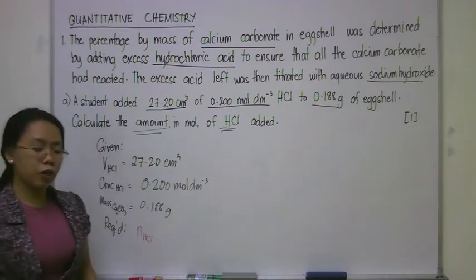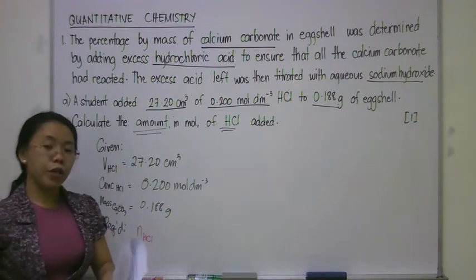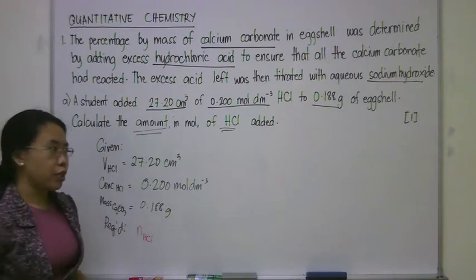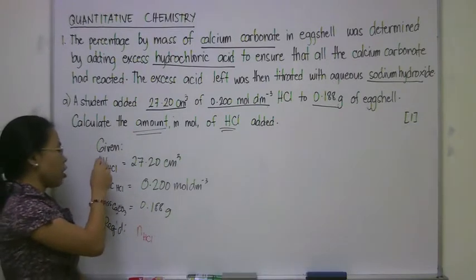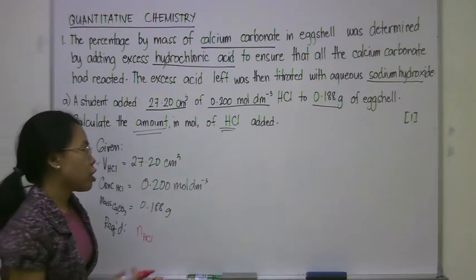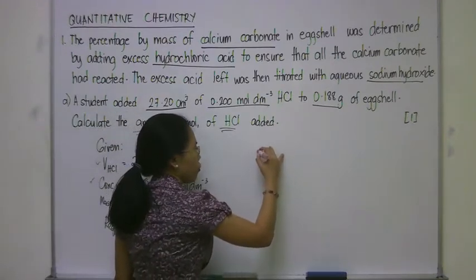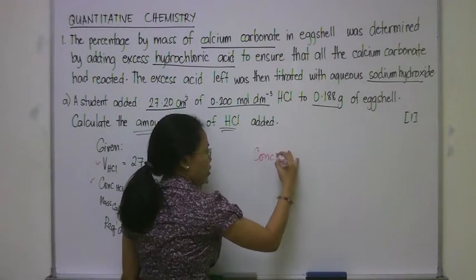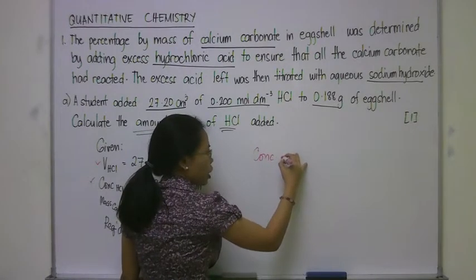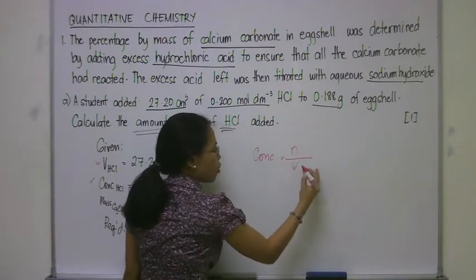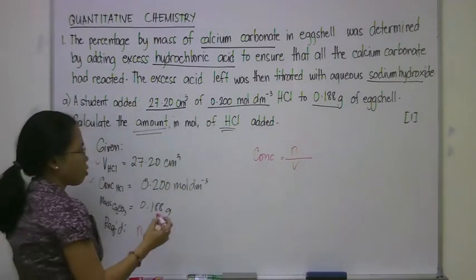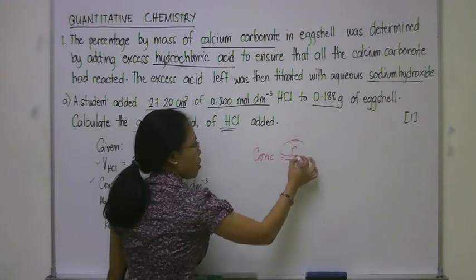Now, what formula are you going to use to solve for the amount of HCl? Basically, you have the concentration and you have the volume. You can use the molar concentration formula, wherein concentration is equal to moles over volume. Take note, you were asked to find moles.